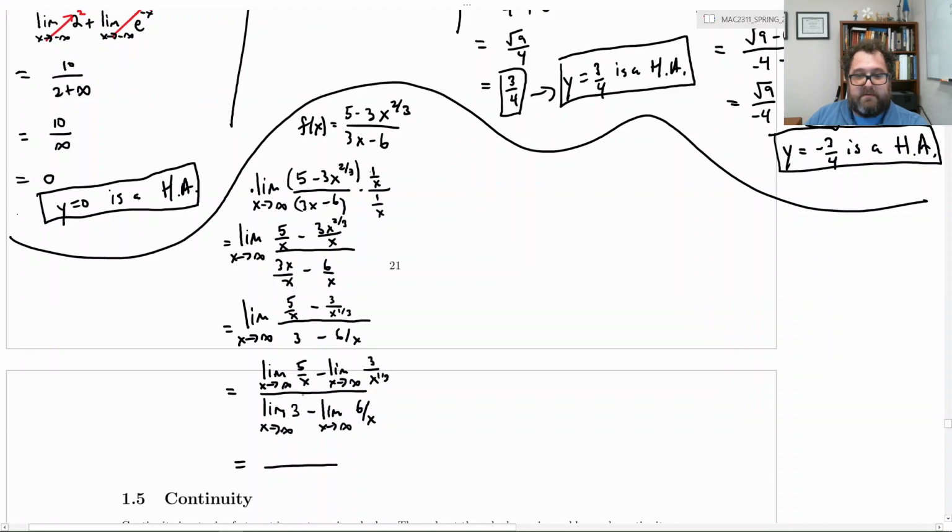For the individual limits, that goes to 0 because the top is constant and the bottom is variable. Same thing here. That looks a little weird, but the bottom is still growing where the top is constant. Same thing here. The 6 is constant, the bottom is growing, and then that's just a 3.